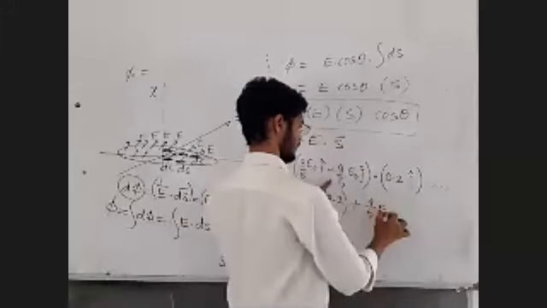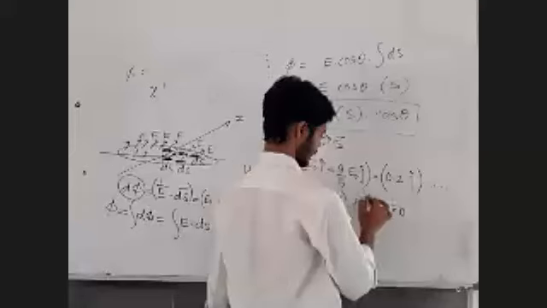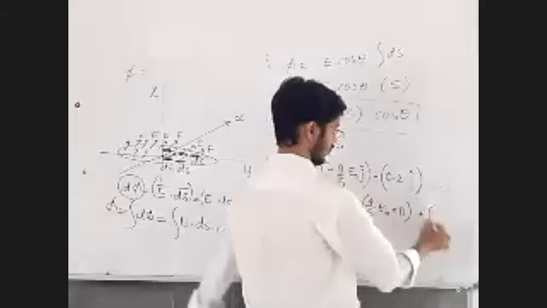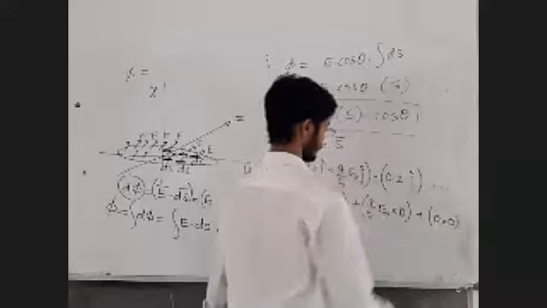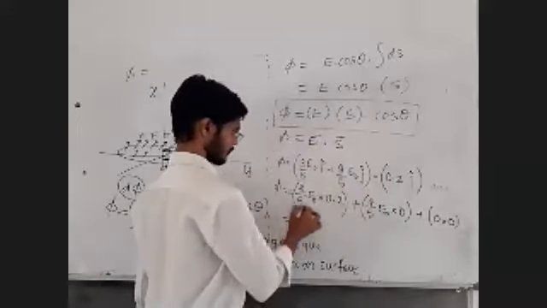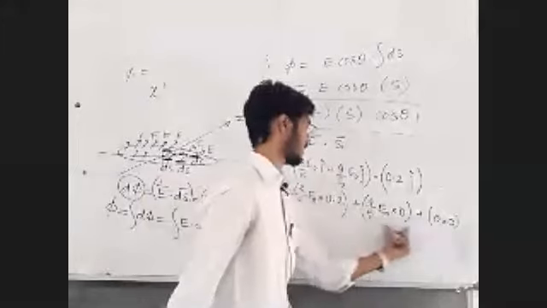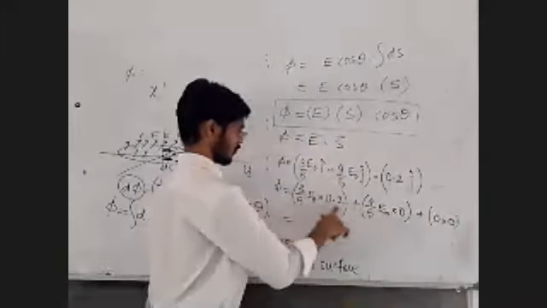Here we do not have any j coefficient in the area vector, so multiply by 0. We do not have any k coefficient here either, so that answer is also 0. No need to write these two answers. So this is going to be the final answer.